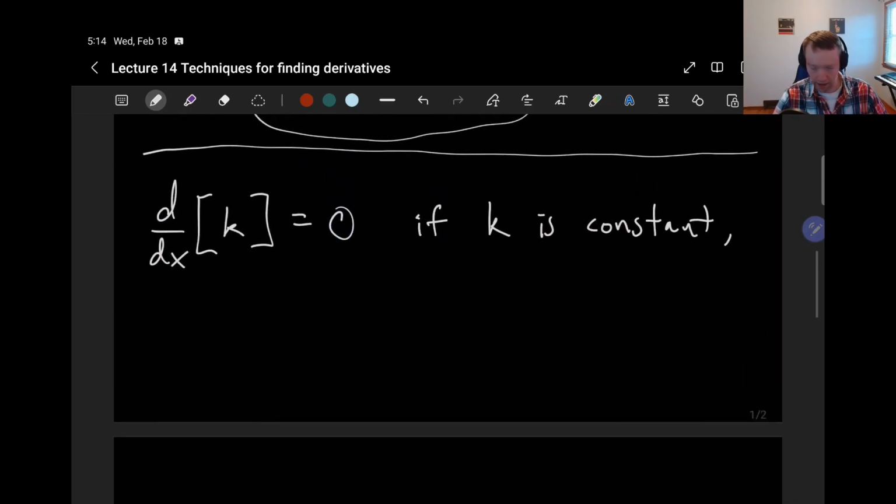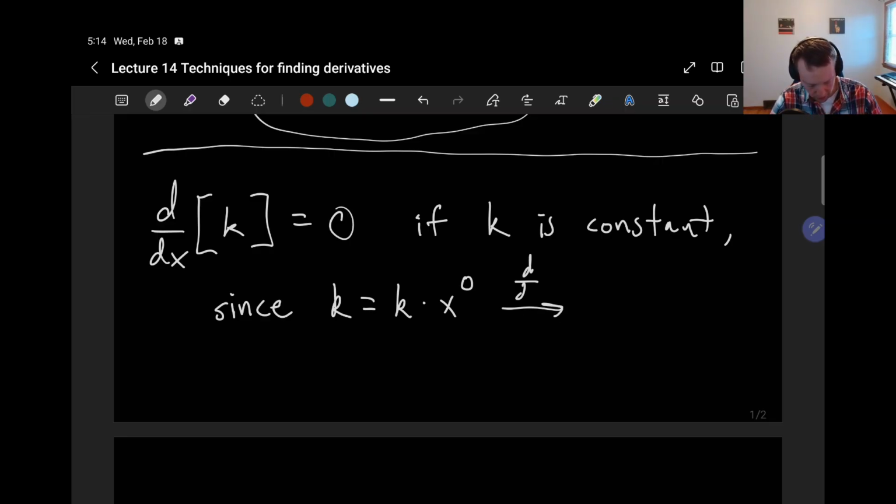This really is just an outworking of power rule. This is because k you can think of as k times x to the 0. X to the 0 is just 1.